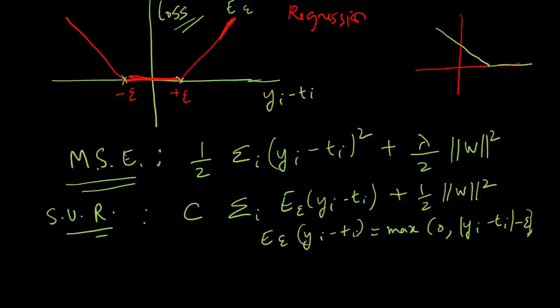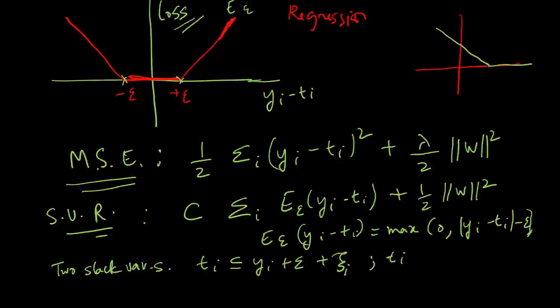Okay. All right. So now we have two slack variables. One will be xi, the other will be xi hat. So basically what you will have is ti is less than or equal to yi plus epsilon plus the first slack variable xi, and we will have ti greater than or equal to yi minus epsilon minus xi hat of i.